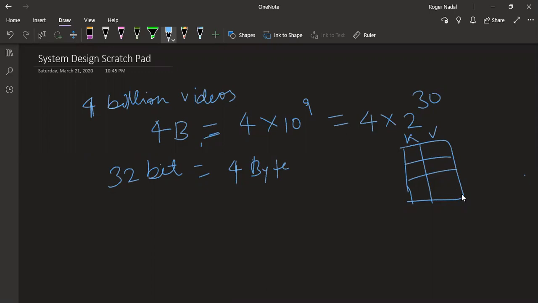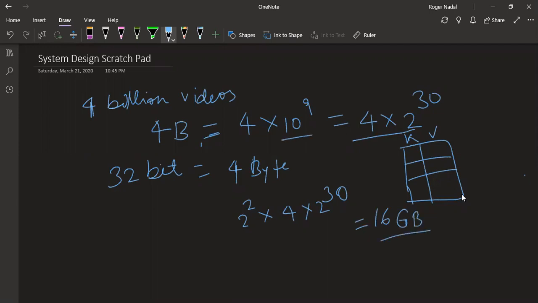So just for the key, I will incur 4 into 2 to the power 30. So basically 16 GB just for my key.